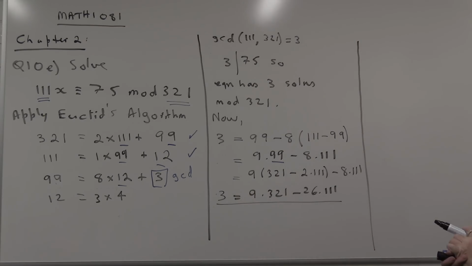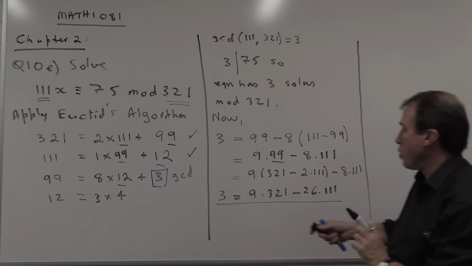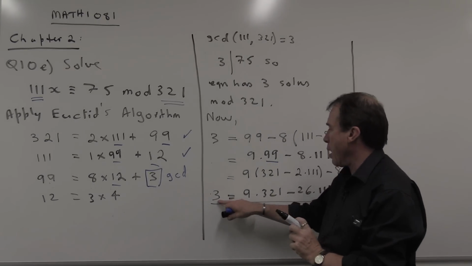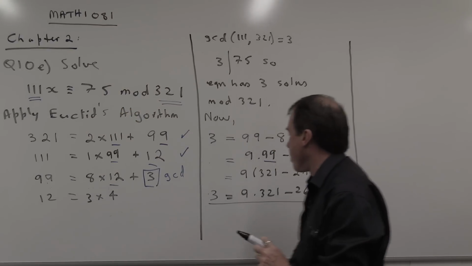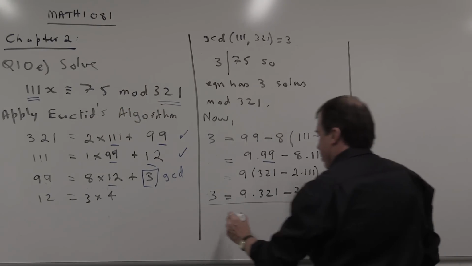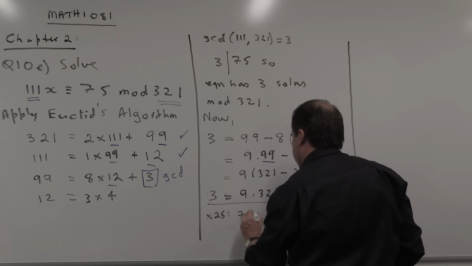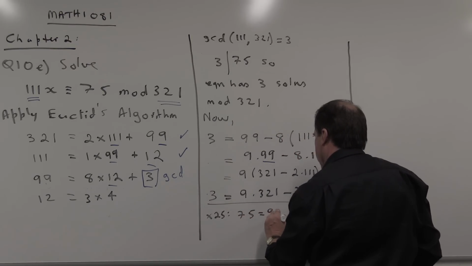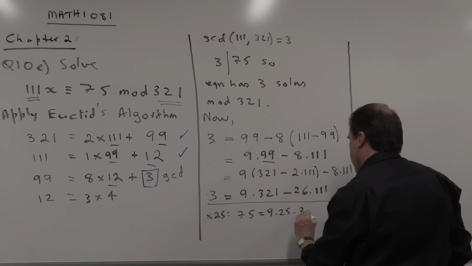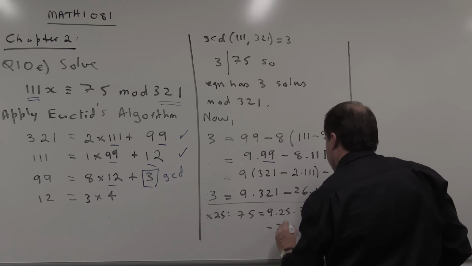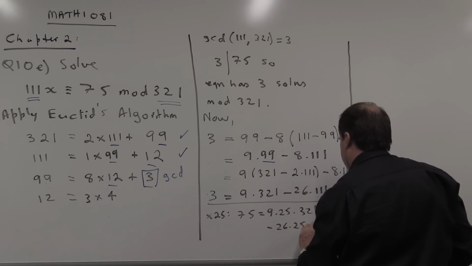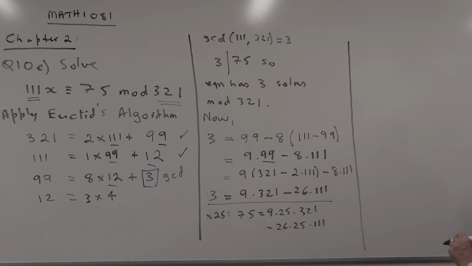Now you compare back with what you had before. You want to change this 3 now into the 75. And so to do that, I'm going to multiply everything by 25. So I get 75 is 9 times 25 times 321 minus 26 times 25 times 111.